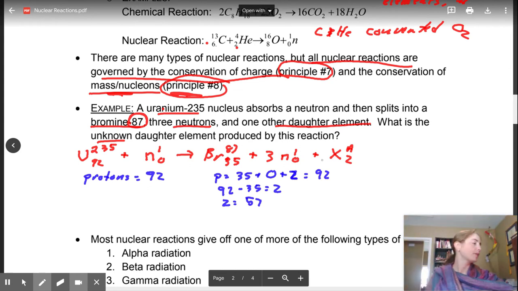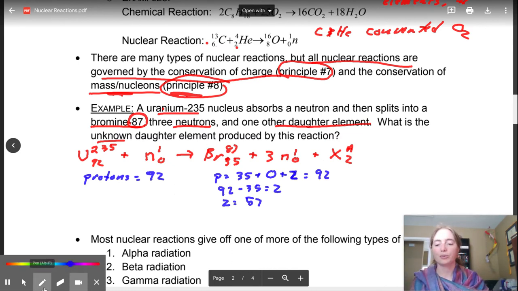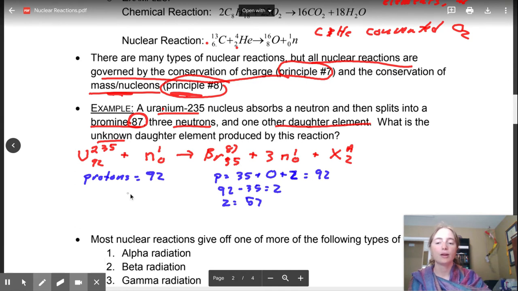Now, ladies and gentlemen, I'm going to switch colors here and we'll go green. Why not? Now we're going to look at our mass number. Our total mass number, which is the total of all nucleons: 235 plus 1 is 236.